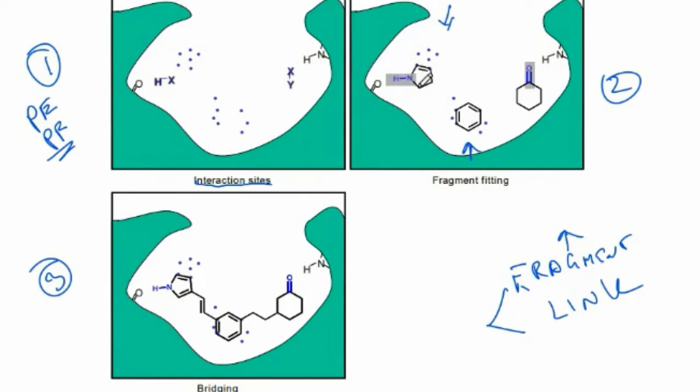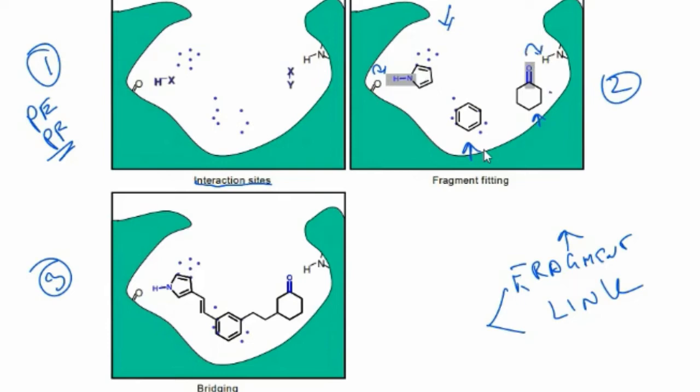The fragment fitted here can complement this hydrophobic region, as well as act as a hydrogen bond donor. So there is a possibility of hydrogen bonding between these groups. Similarly, this 6-membered ring has a carbonyl group, so it can act as a hydrogen bond acceptor.